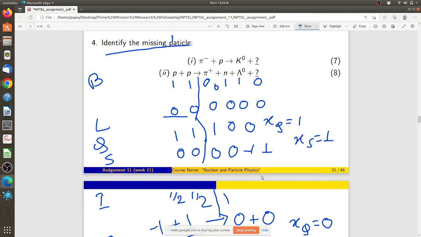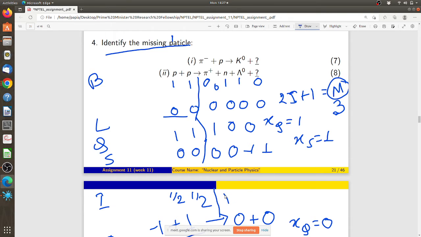The rule is 2I plus 1 equals M, where M means the number of family members. So the number of family members is 3 for pi. If I write 3 here, then I will be 1.